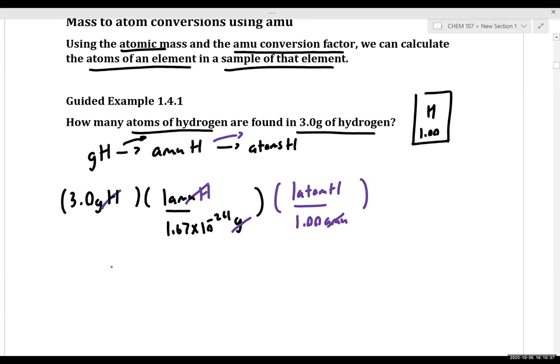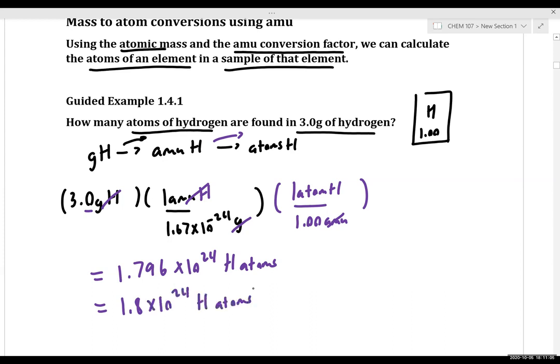We're left with atoms of hydrogen. If we punch this into our calculator, we have 3.0 over 1.67, and that gives us 1.796 times 10 to the 24th hydrogen atoms, which we round to 2 sig figs as 1.8 times 10 to the 24th hydrogen atoms. Does this make sense to everyone? Yes.